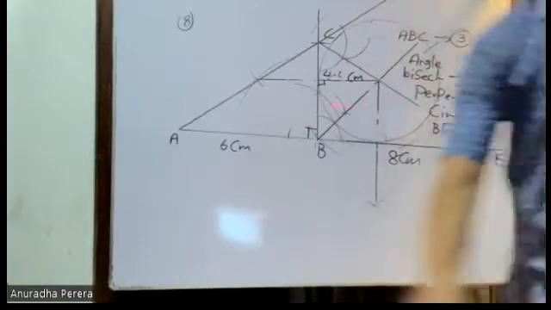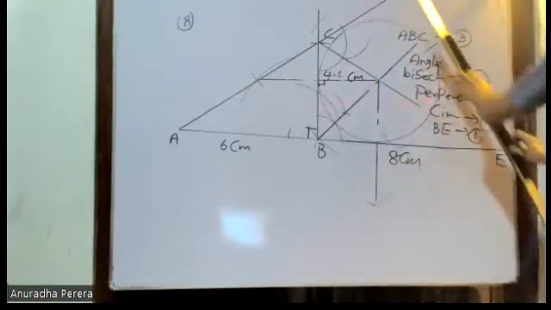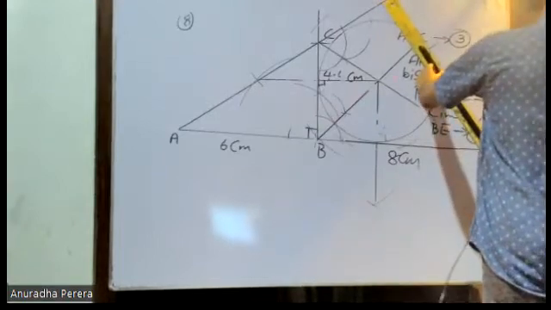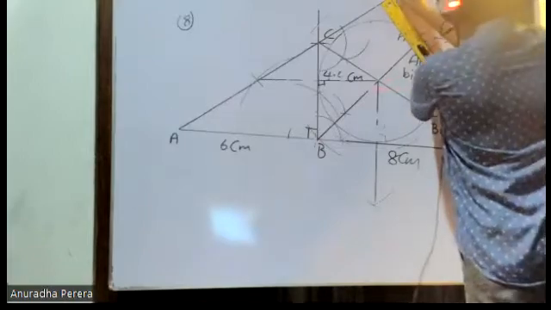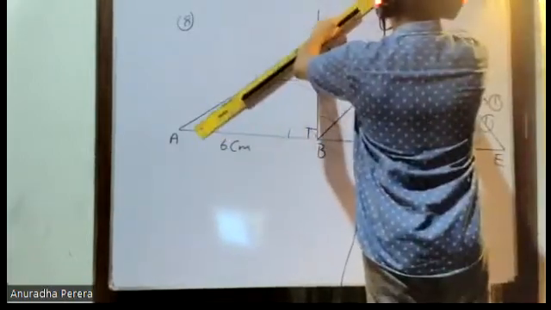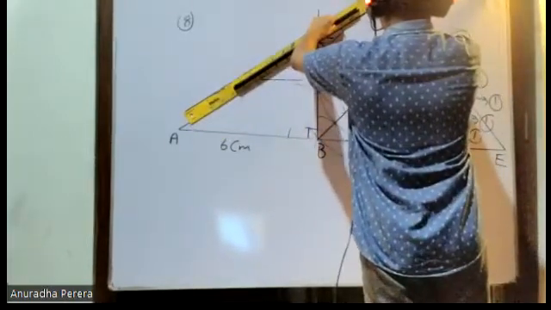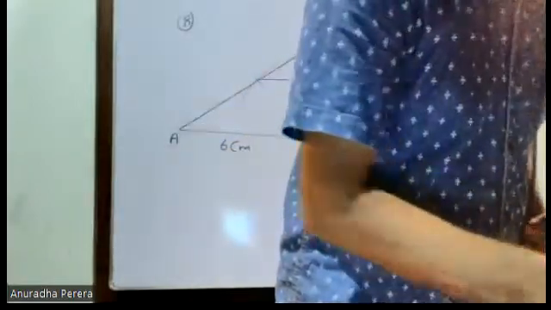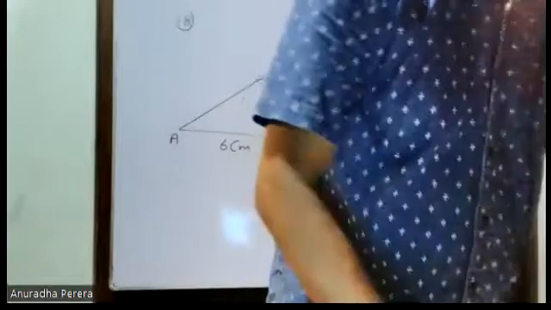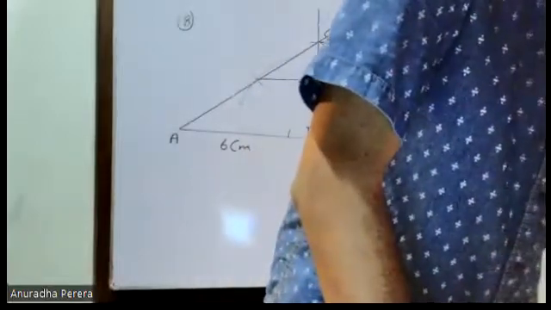Now draw the tangent. This produces D. This point is D.